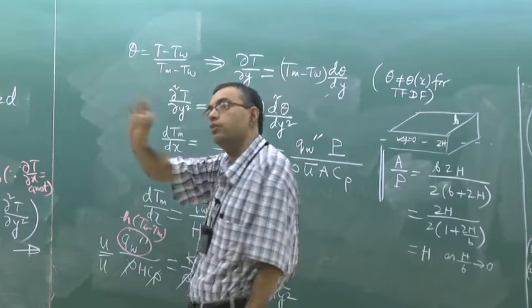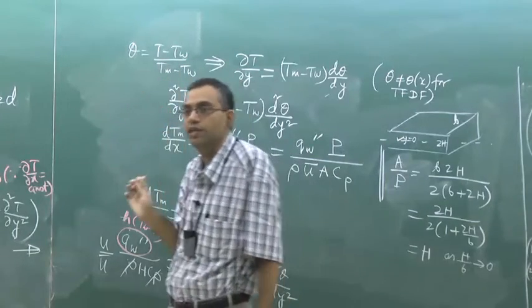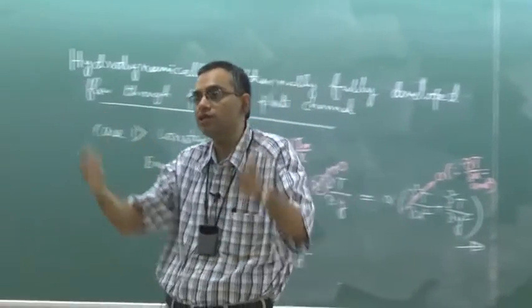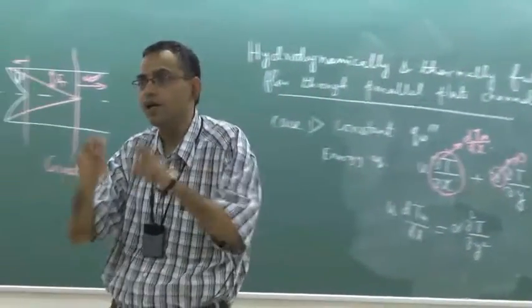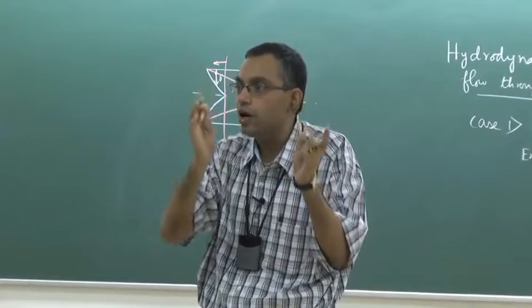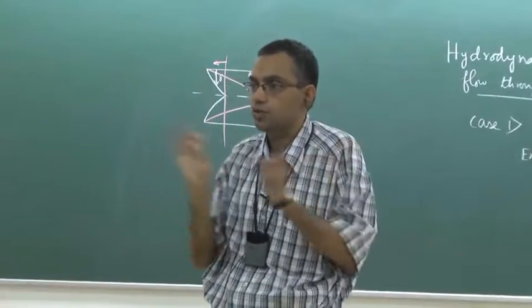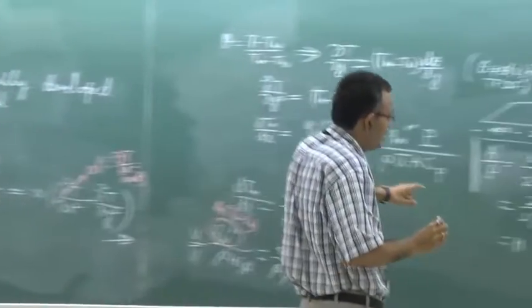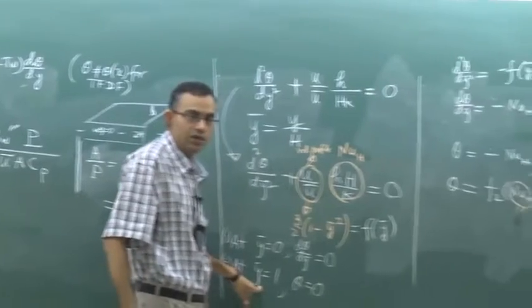So at wall theta will always be 0, that is the definition of theta. It does not depend on whether it is constant wall temperature, constant wall heat flux, whatever. It is just a simple English sentence, T equal to T wall at wall. So nothing more than that.